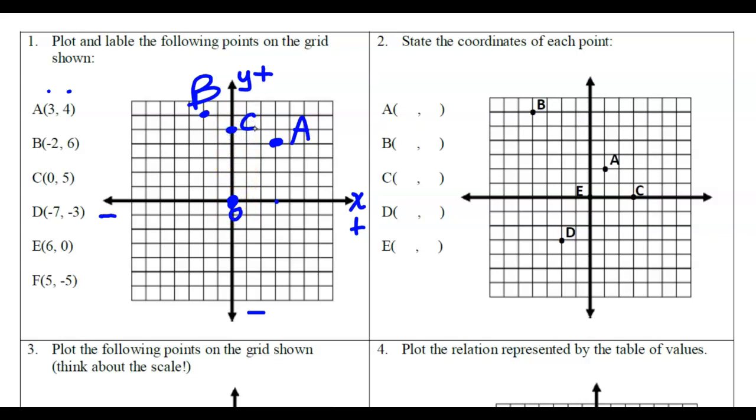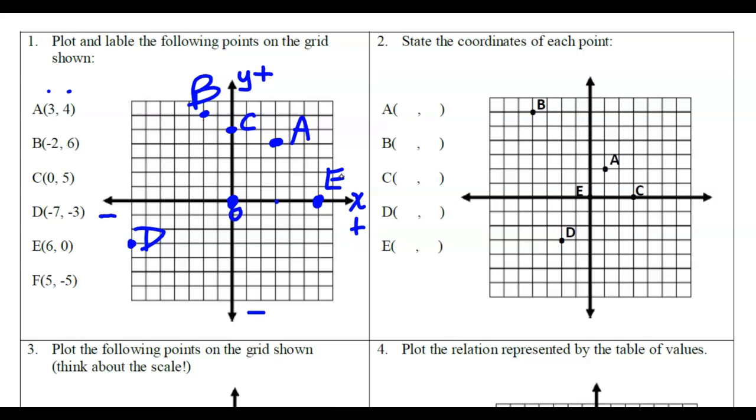So anytime you have 0 for the x value, you get a point on the y-axis. We call it a y-intercept. Then -7 for x, -3 for y. Then this one has 6 for x and 0 for y.